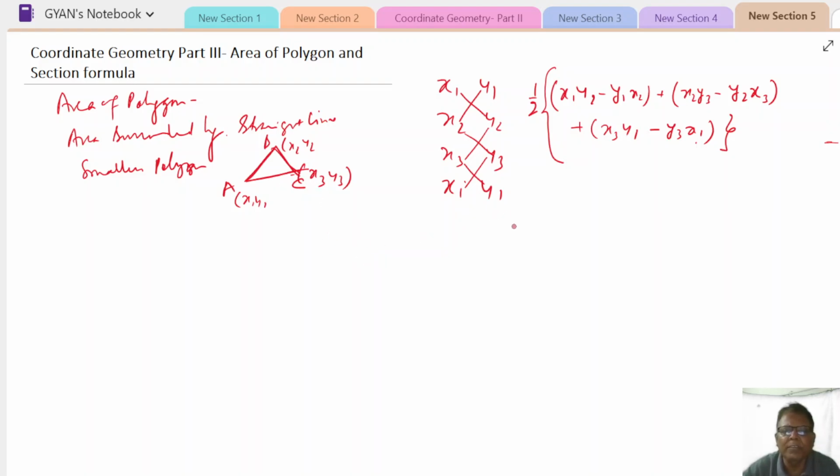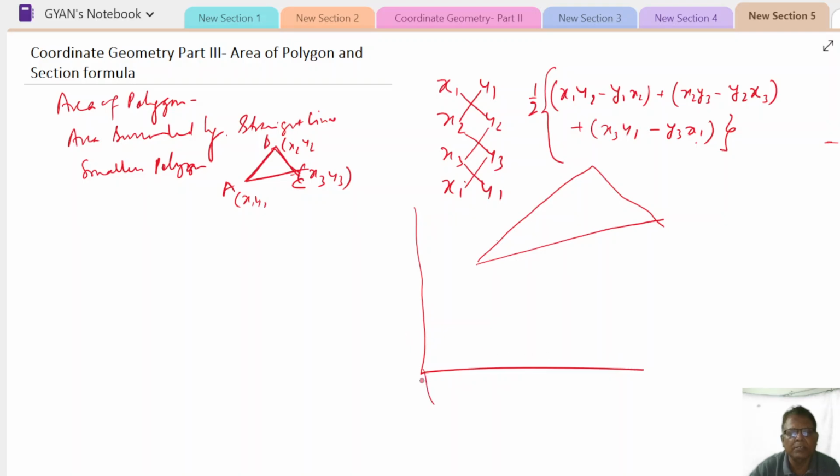So how will we prove it? You can prove it very easily. Suppose this is the triangle, and this is our x and y axis. This one is x1 y1, this is x2 y2, and this one is x3 y3.